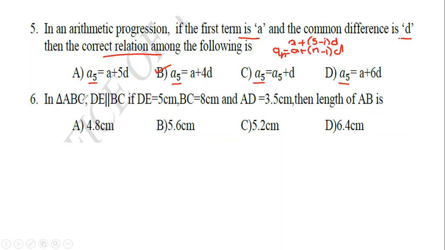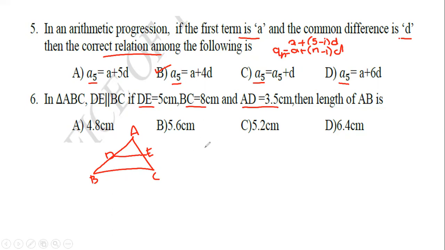Sixth sum: in triangle ABC, DE is parallel to BC. First, draw the triangle ABC, with DE parallel to BC. The given DE is 5 centimeter, BC is 8 centimeter, and AD is 3.5 centimeter. You need to find AB.